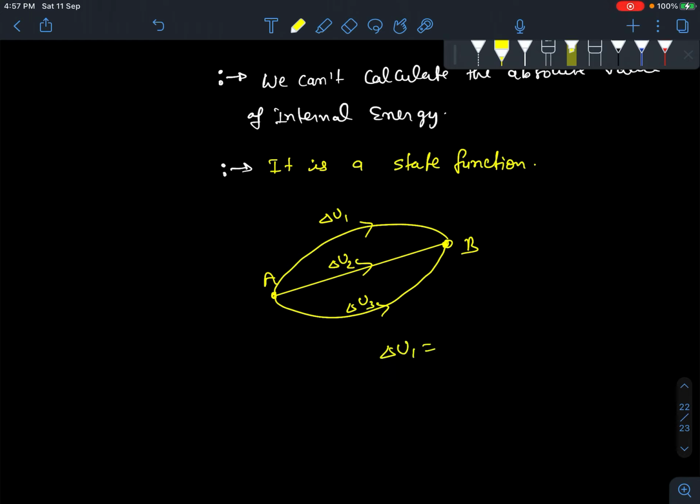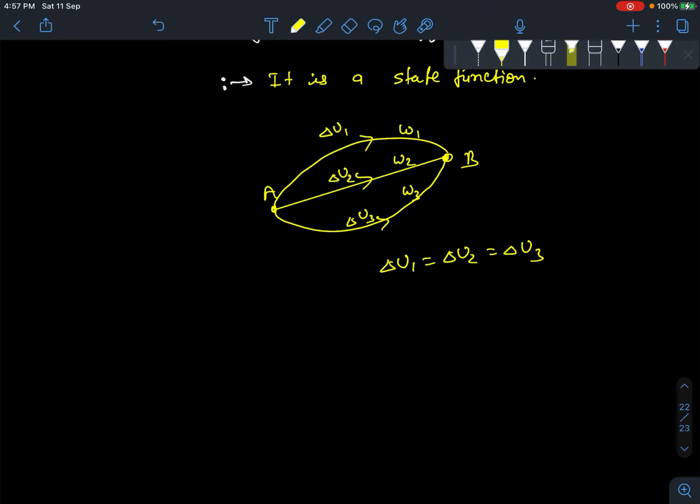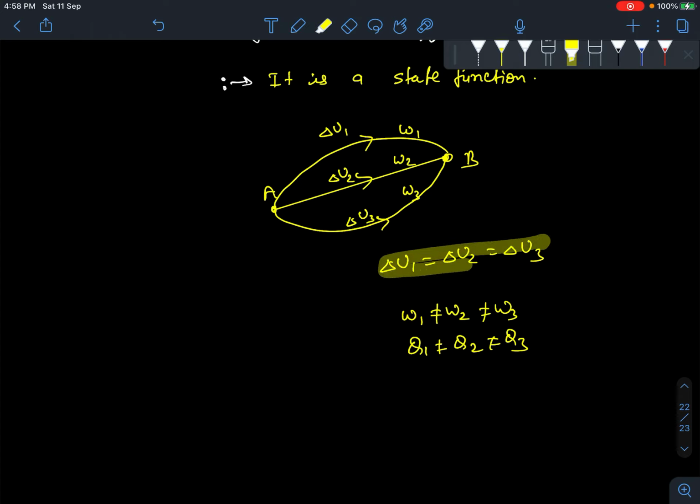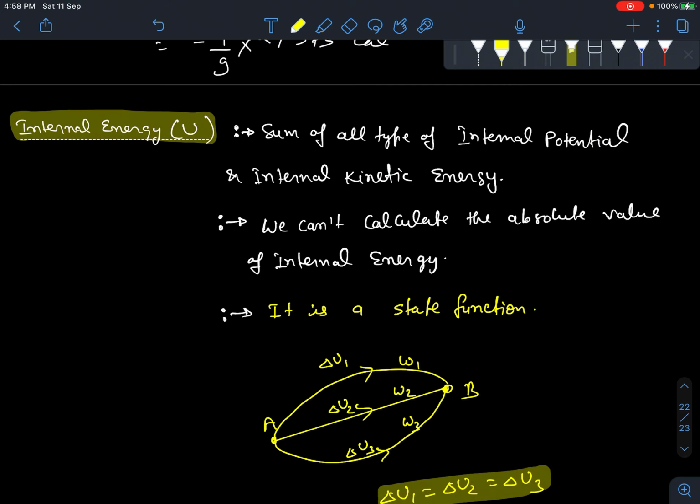W might be different because it is a path function, that may or may not be equal. So W1 might not be equal to W2, might not be equal to W3, heat might not be equal either. But this is very certain because it is a state function and the initial and final states are fixed. No matter which path you adopt, this value will be fixed. That's the meaning of state function.